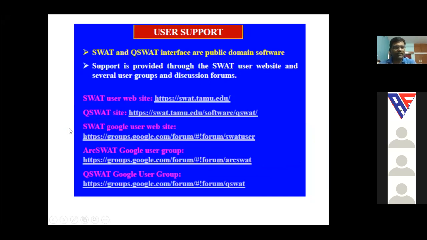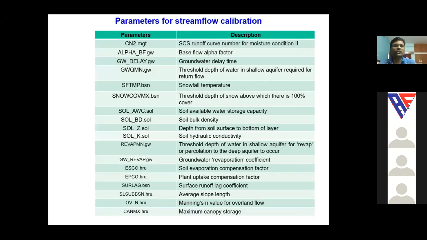Okay, you can find this very useful for interaction. SWAT basically considers different parameters related to surface runoff, base flow, groundwater, snowfall, temperature, and many related to soils, groundwater, and crops. These parameters are important for model calibration, to identify how sensitive the model is to any particular parameter.